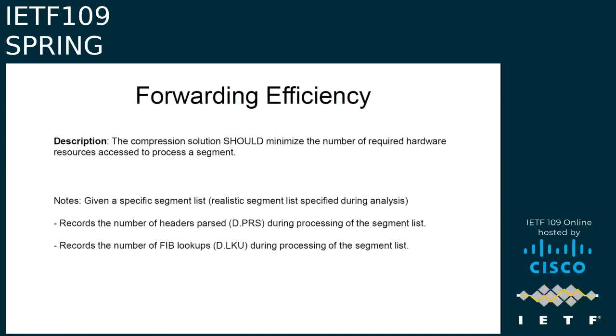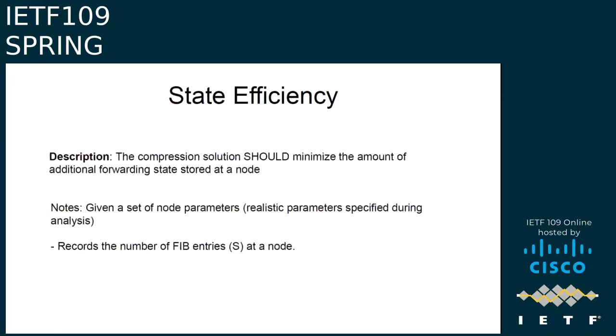Then forwarding efficiency: we would like to record the number of headers parsed during the processing of the segment list, and the number of FIB lookups during the processing of a segment list for different proposals. Next page. For state efficiency, we hope the compression solution should minimize the amount of additional forwarding state stored in a node.